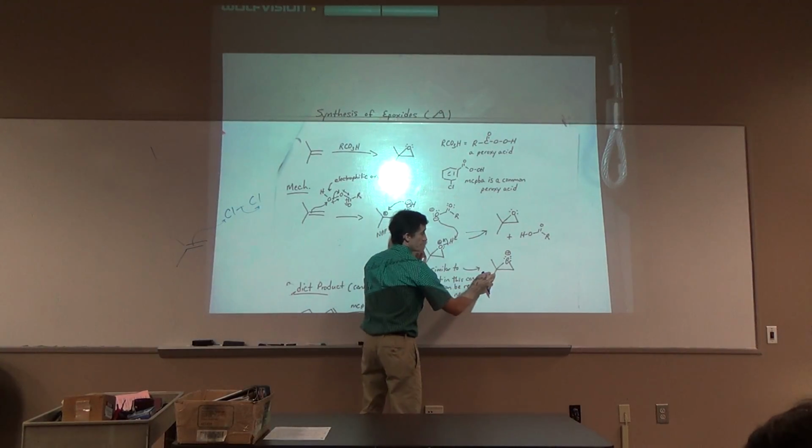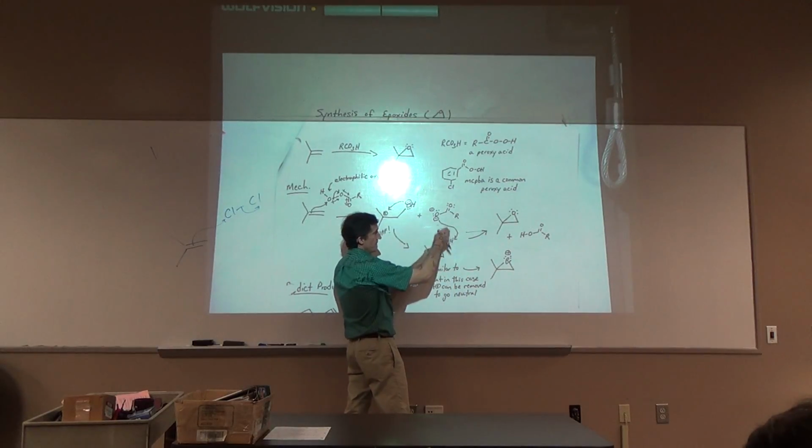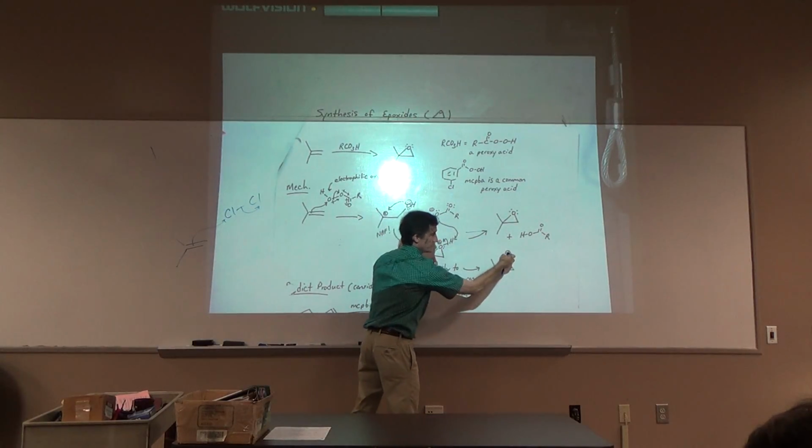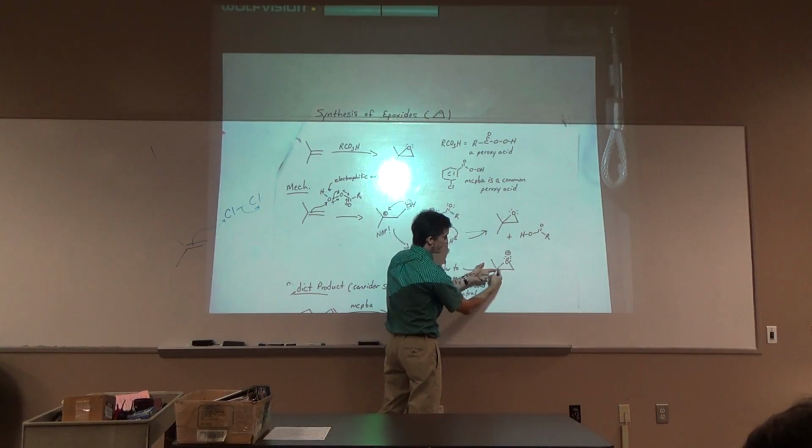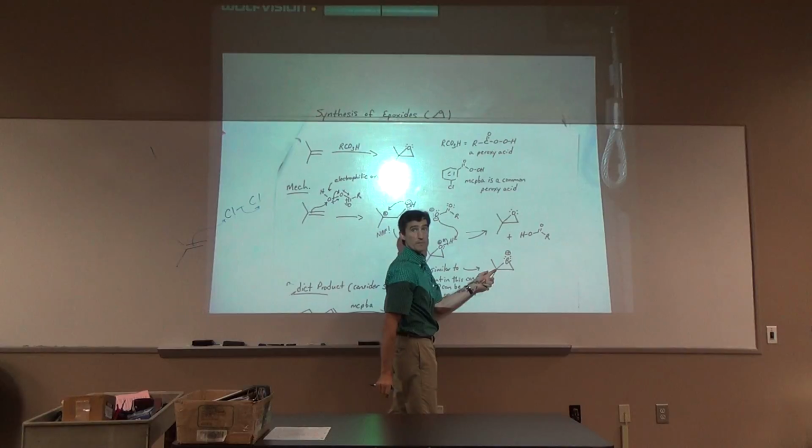The difference is, this can go neutral by losing an H, where that has no H to lose. This can only go neutral through something attacking over here and giving the bromine its lone pair back, kicking it off.